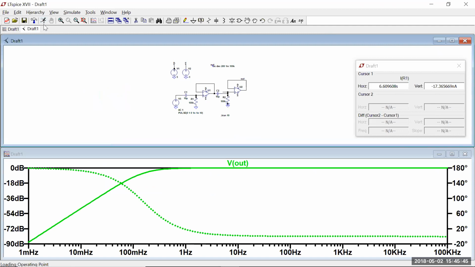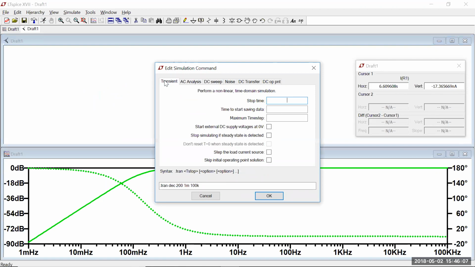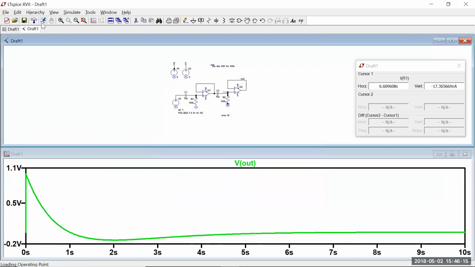Now I should have high pass. Omega naught, it's at plus 90 this time. And then when we do our transient, right?